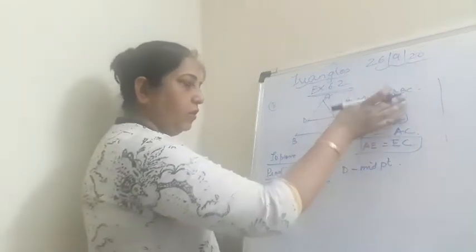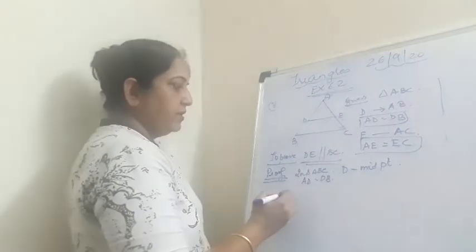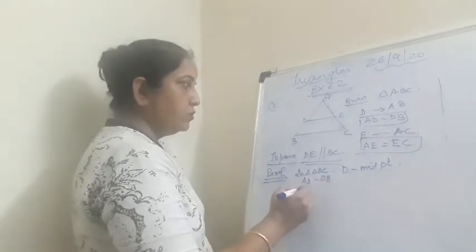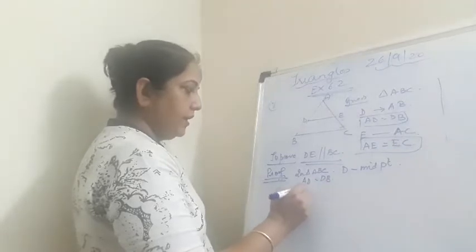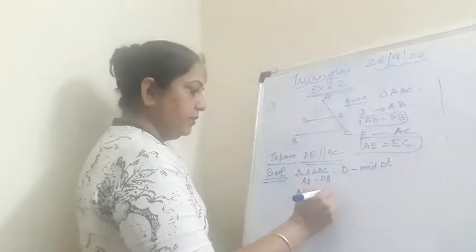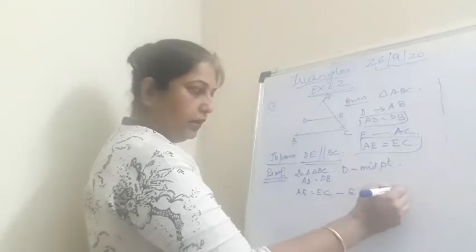Although we have written this, when we start with the proof, we have to write it again. And similarly here we write AE is equal to EC, as E is a midpoint.